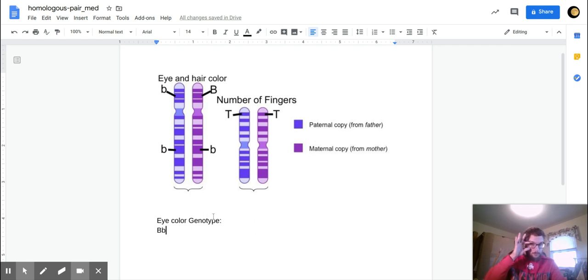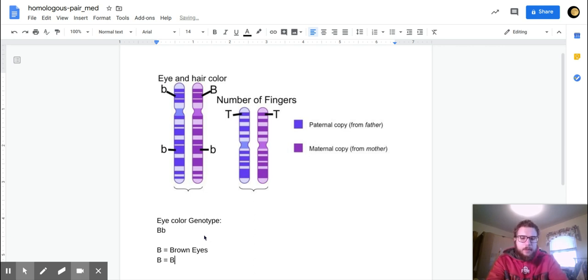Now, you may have to do this on some questions. You may not. You might have to say what each of these alleles represents. So down here, a big B allele equals, we're talking about eye color, brown eyes, okay? A little b allele in eye color is blue eyes.